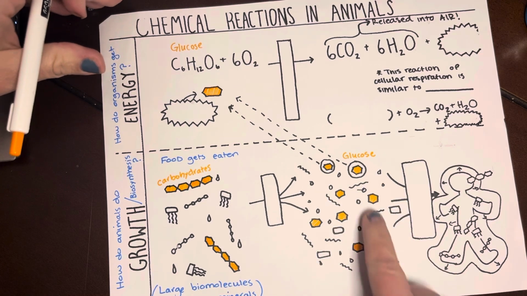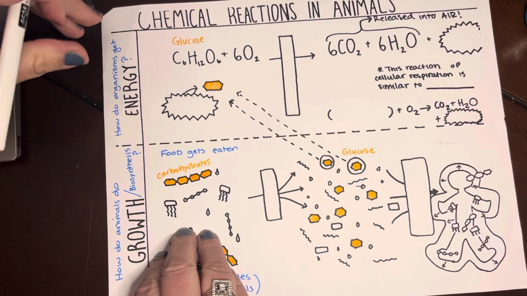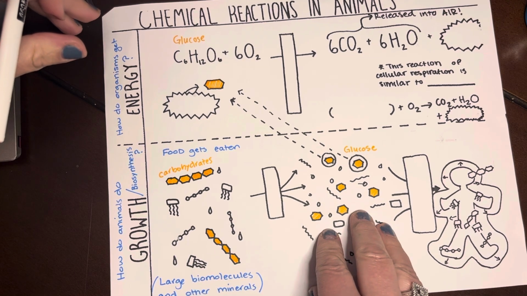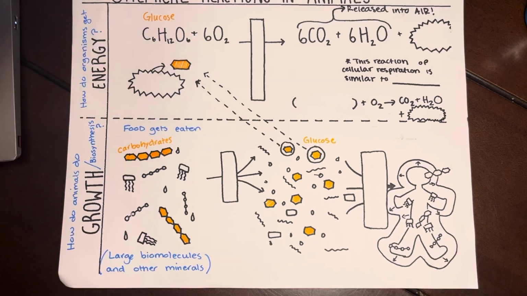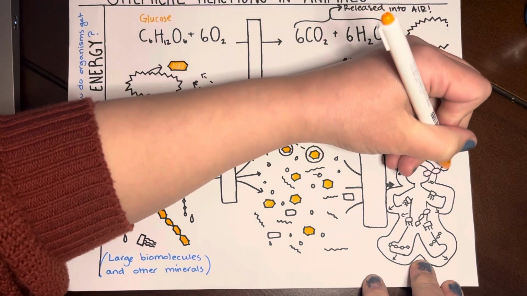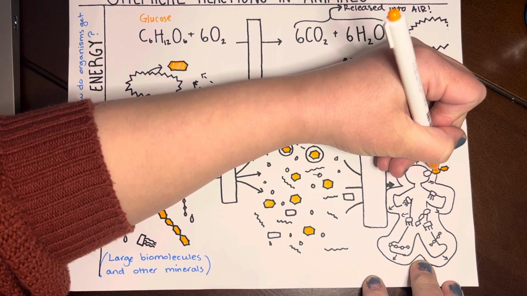Let's see what happens to all of these glucoses that have been broken up separately from the big carbs in our body into little individual subunits. Now, in a human, for example, an animal, they're going to be put back together in some ways. There are different things that your body can do when you're building more of yourself.